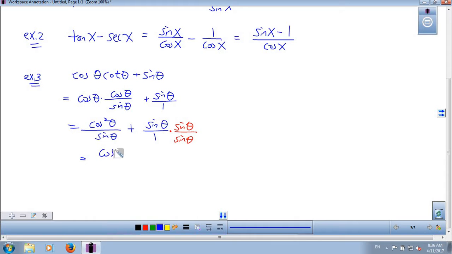So this becomes cosine squared theta plus sine squared theta, and the denominator becomes sine theta. However, cosine squared theta plus sine squared theta is equal to 1 by the Pythagorean identity. So it becomes 1 divided by sine theta, which is equal to cosecant theta.